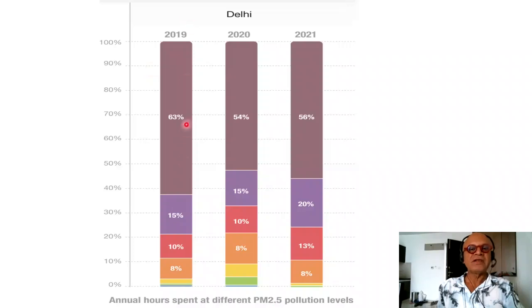So 2019 was at 63% for Delhi here, and this is basically a percentage of people spending time in PM2.5 pollution levels, which went down in 2020 because of COVID, but it's inching up again by 2021 and probably is going to keep going up as the pandemic disappears.